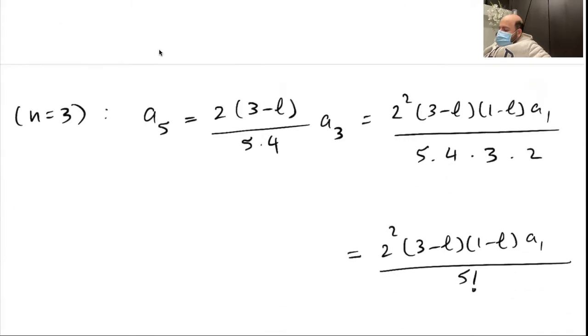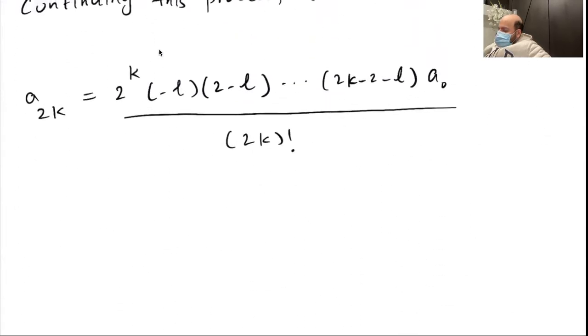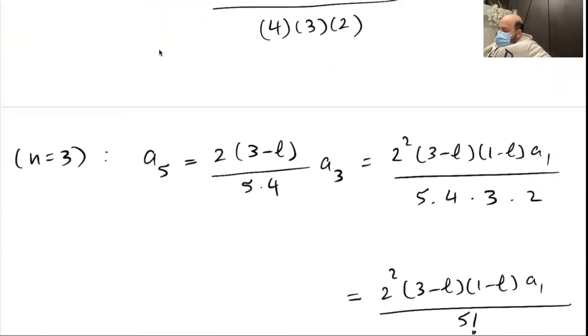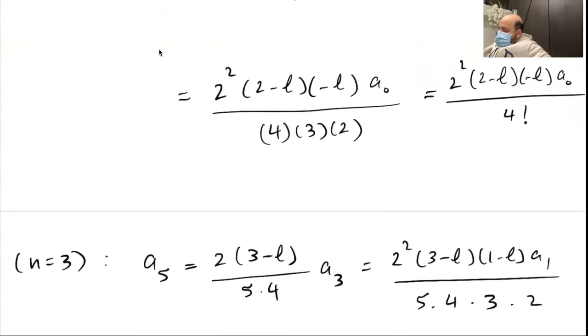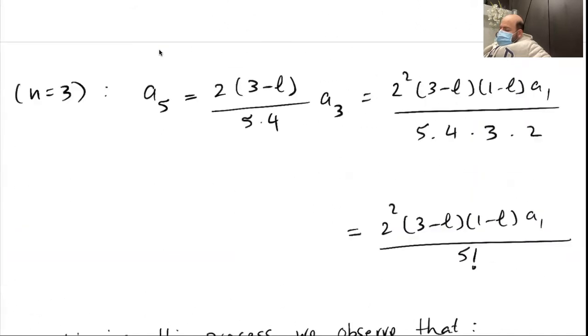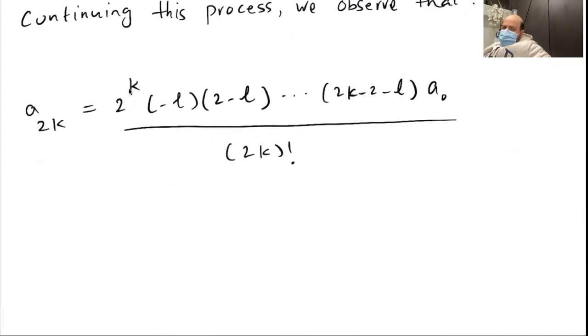All right, so this is the pattern that you'll be able to see. Once you write more terms, for example once you write A6, you can see that this number here is always half of this index. Then I'll have minus L, 2 minus L, all the way to the even number before this number.